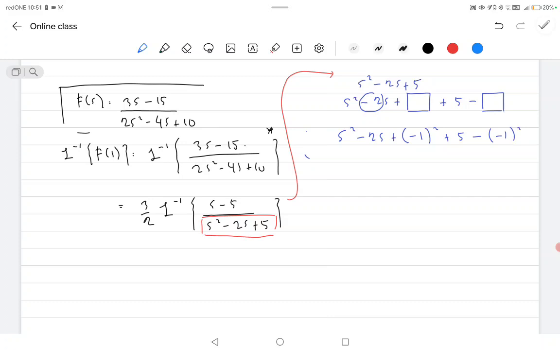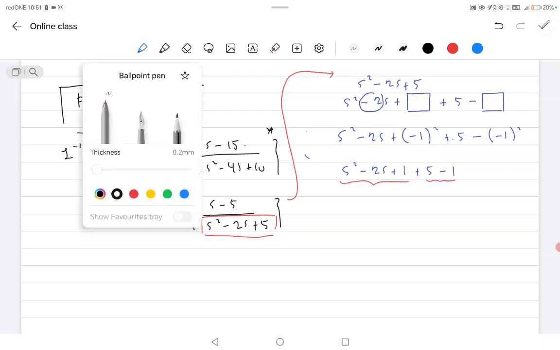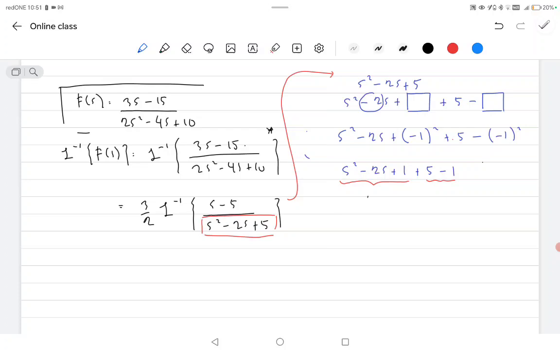So we have s squared minus 2s, plus 1, plus 5 minus 1. This part and this part we can simplify and write as s minus 1 squared, and then this one is 4, or 2 squared.